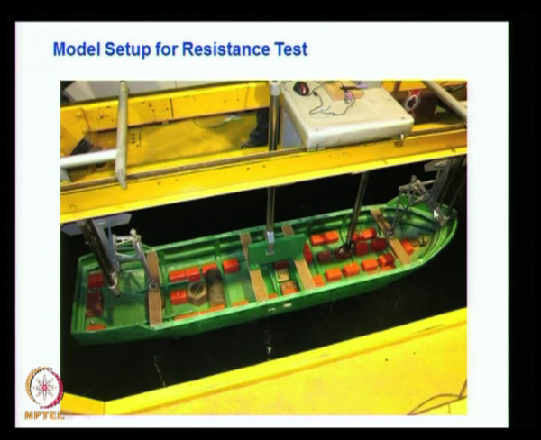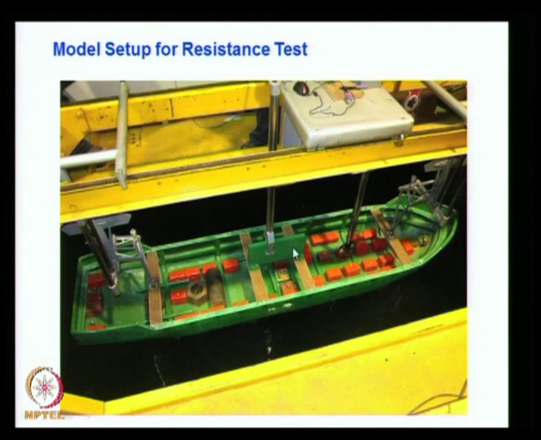Then from the plug you make the mold using fiberglass, and from the mold you make the model, and you put stiffeners inside to retain the form and rigidity. Then you put the fixtures like what you see here for the pivot joint, and the two battens here for holding the brake, and all this setup which I have already explained. So that is how the model test is done.